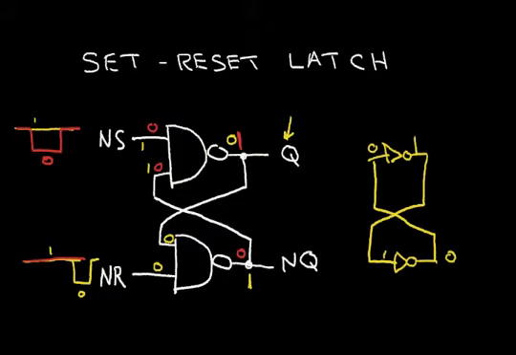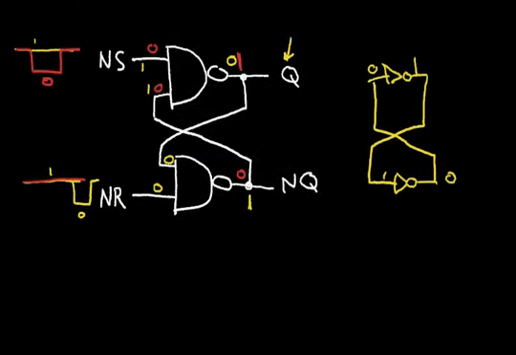Okay, so I assume you've given it a shot. And let's do this SET-RESET latch using NOR gates. Let's make this a 2 input NOR gate. And like the NAND gate, let's draw another NOR gate down here. Let's connect this output to this input.